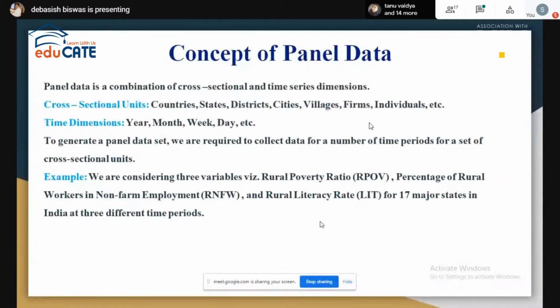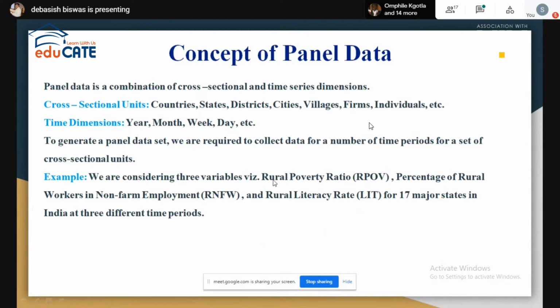So the example, again I am repeating. We are considering 17 major states. It means that we are considering 17 cross-sectional units, and 3 different time periods. That means many time periods. So it is a combination of cross-sectional units and time units. So it is panel data. In our example, we are going to observe three macro variables.